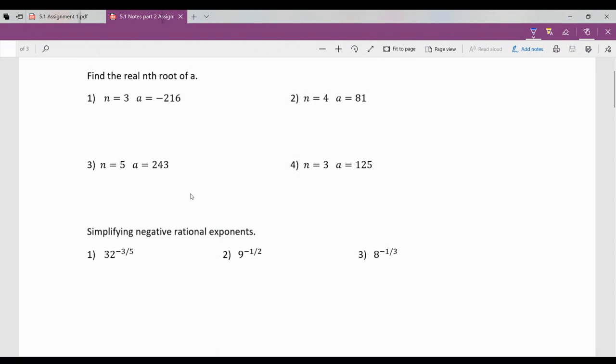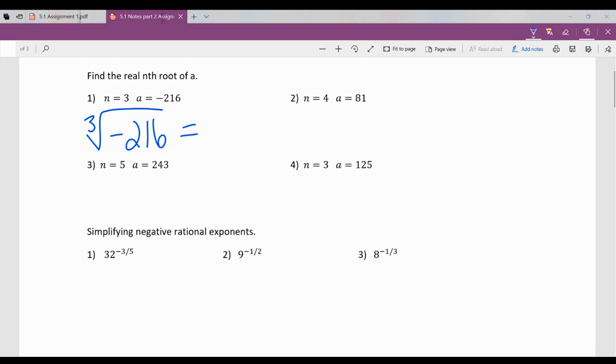Okay, so for number 1, it says find the real nth root of a. So I want the nth root. I'm going to do the third root of a, so of negative 216.